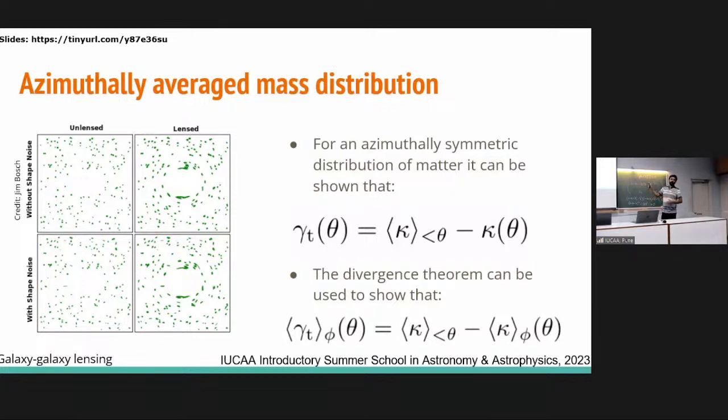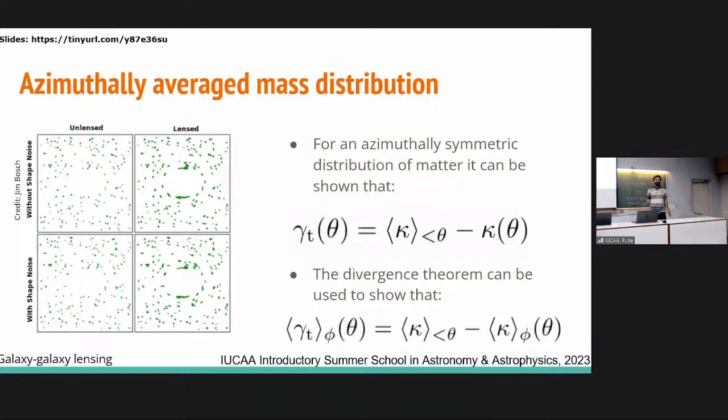Now this is very powerful, because we are not relying on any mass distribution model or any symmetry. Directly, we are saying that if I measure the tangential shear averaged around circles, I can get information about what is the mass contained within these circles and how it is distributed, in particular these quantities.